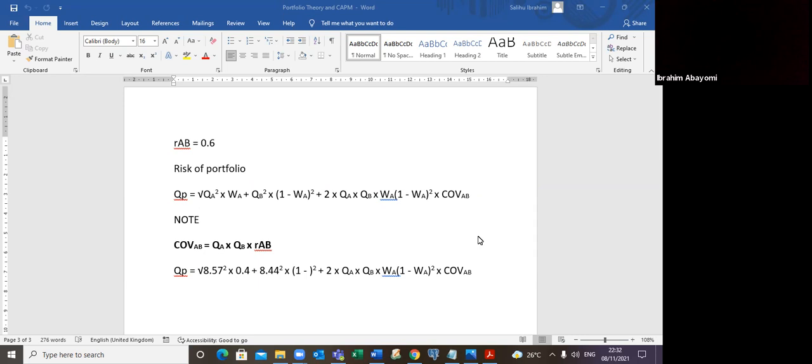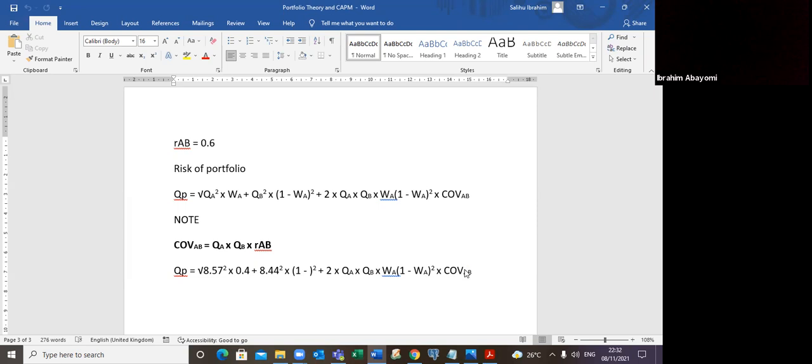So we now started to look at the risk of a portfolio. I had looked at the risk of an individual investment, where I said that the risk of an investment is measured by standard deviation.